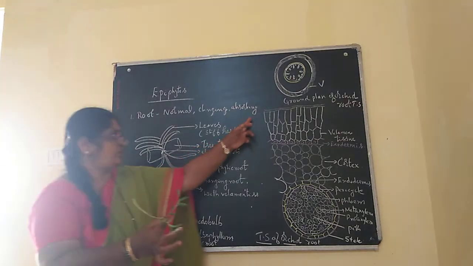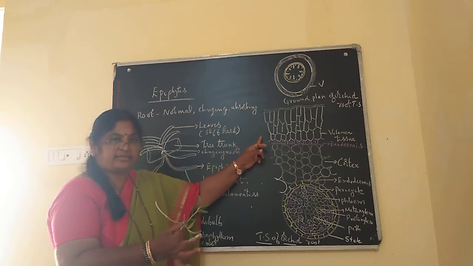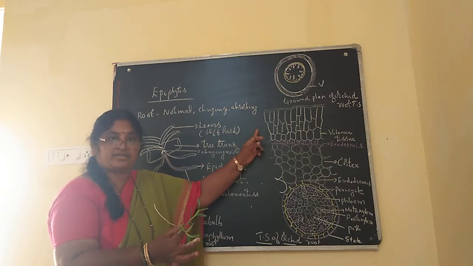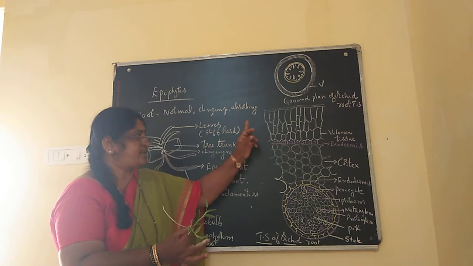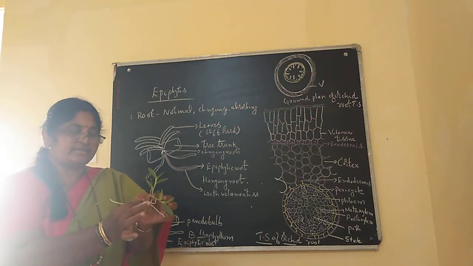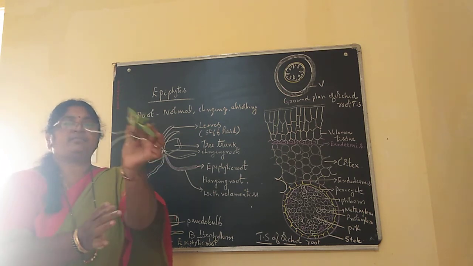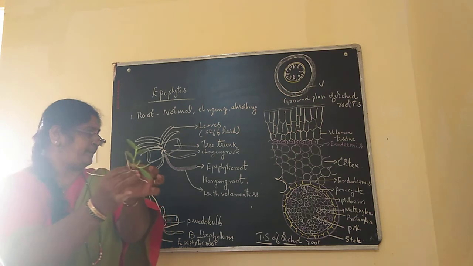When you take the transverse section, the velamen tissue looks like this. These are nothing but dead sclerenchymatous tissue, which helps in absorption. On the normal root there is a white covering. This white covering is nothing but the velamen tissue.